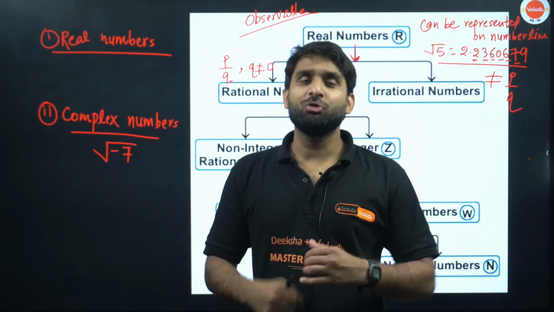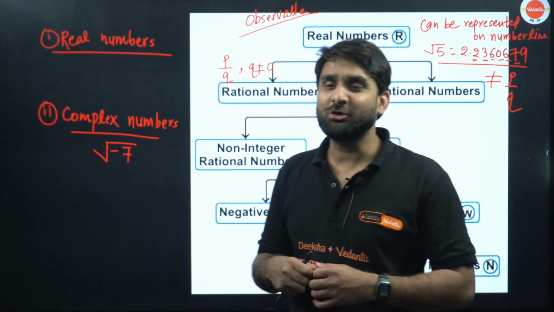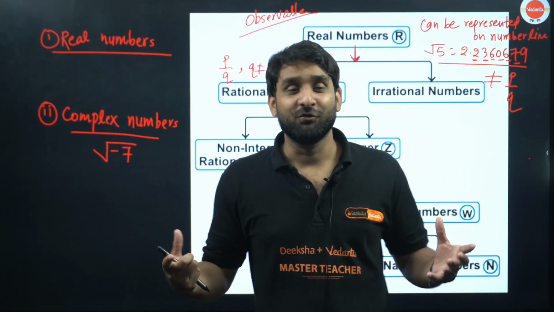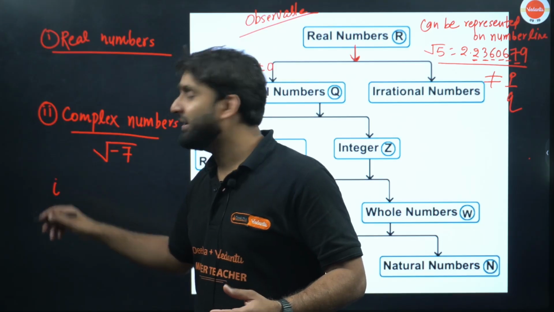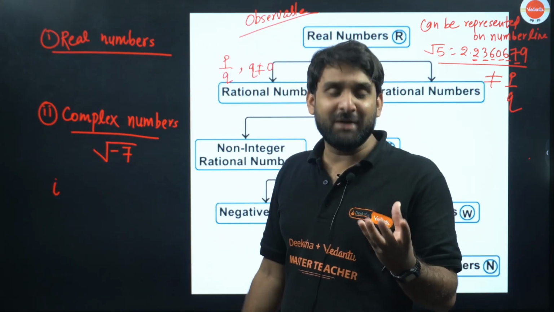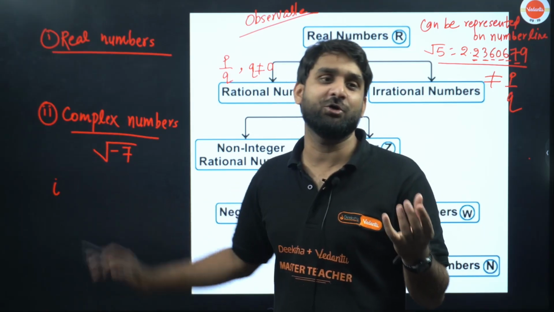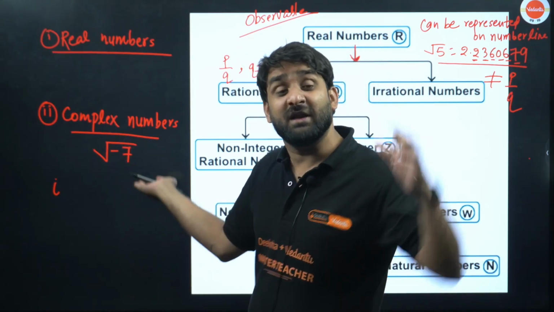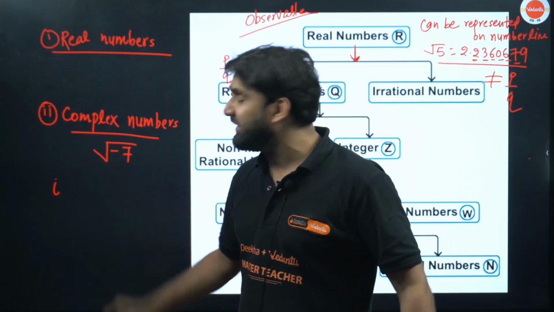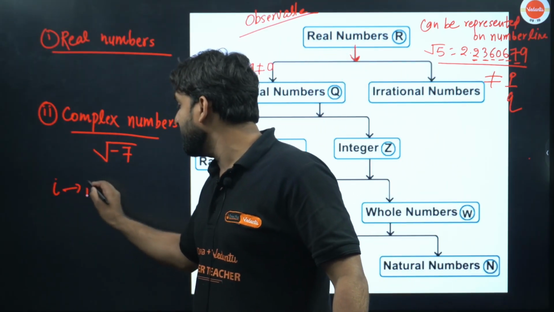But to make the modified form of mathematics, to make the topic broad, we have used a very systematic, very powerful terminology which is called iota. Whenever a number is negative but under a root, we can represent it in the form of iota, and this iota is called the imaginary part.